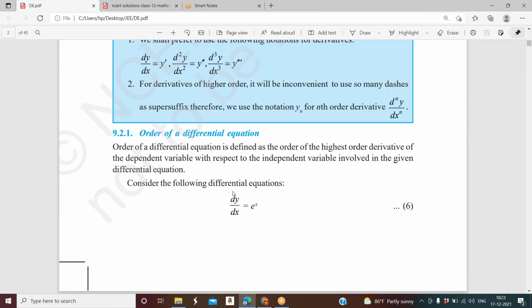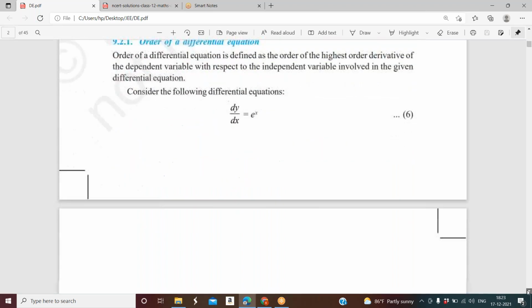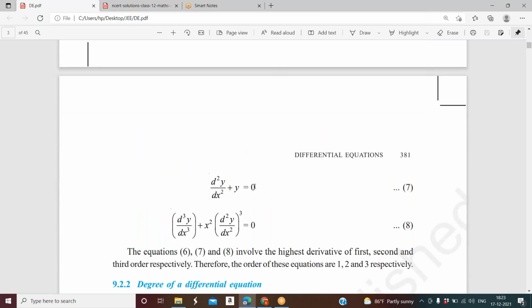Here we have only one derivative, dy by dx, so the highest order is 1. Then in the second equation, the only derivative is d square y by dx square, so the order of the highest derivative is 2.